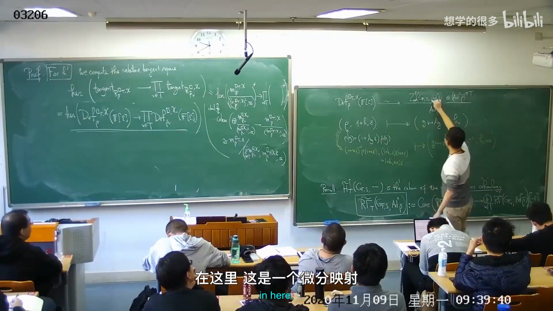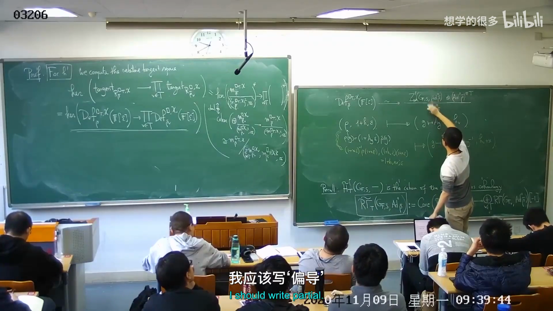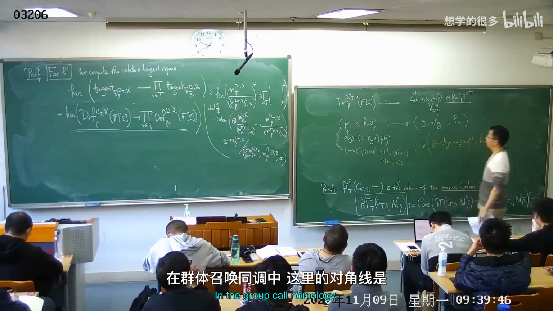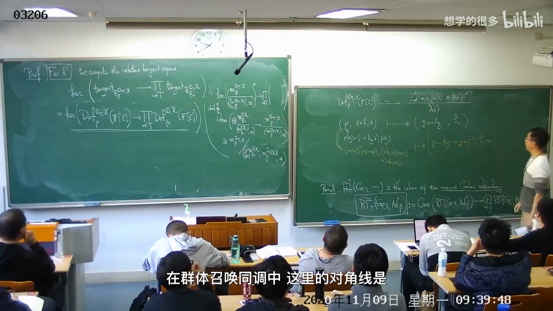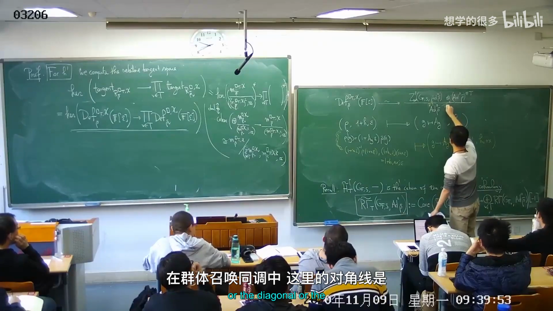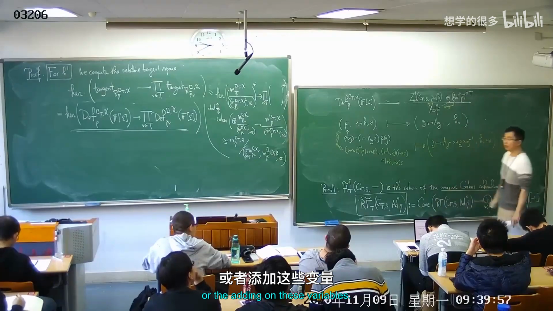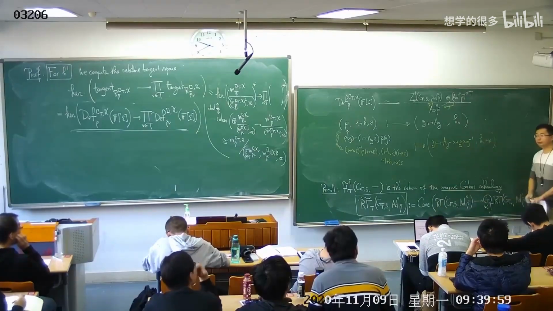So this is embedded in here through here. This is the sort of differential map. Maybe I should write partial in the group cohomology. Where over here, this is the diagonal, or sort of adding on these variables.